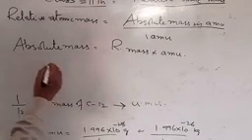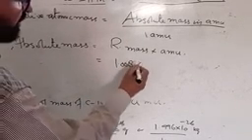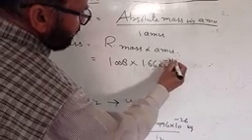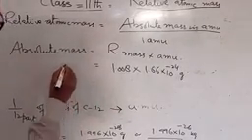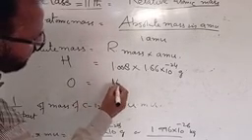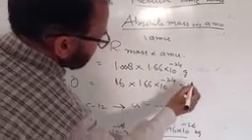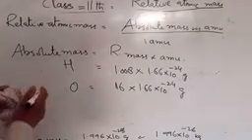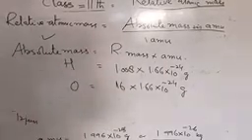The absolute mass of hydrogen is equal to relative mass 1.008 into AMU, which is equal to 1.008 into 1.66 into 10 raised to the power minus 24 grams. Similarly for oxygen, it becomes 16 into 1.66 into 10 raised to the power minus 24 grams. This is how we can calculate the absolute mass, that is relative mass into AMU.